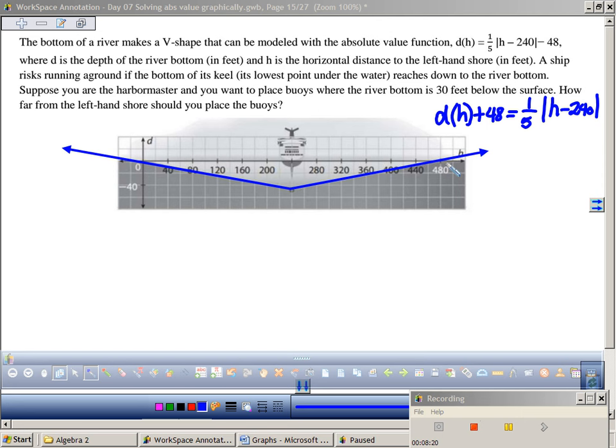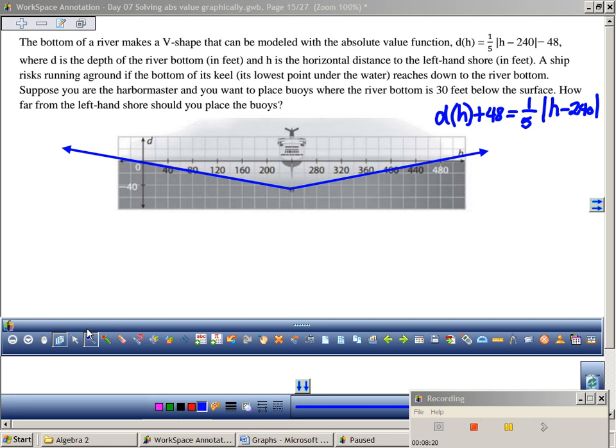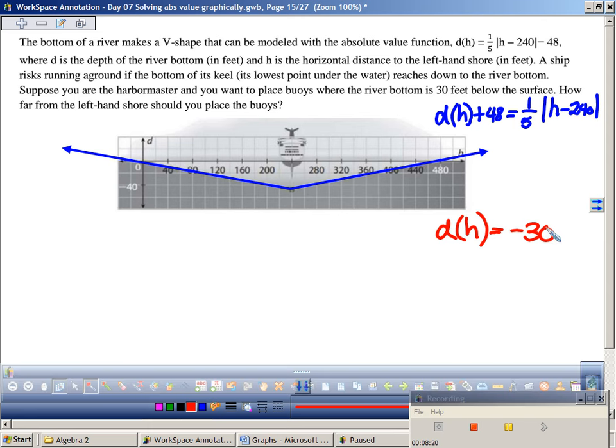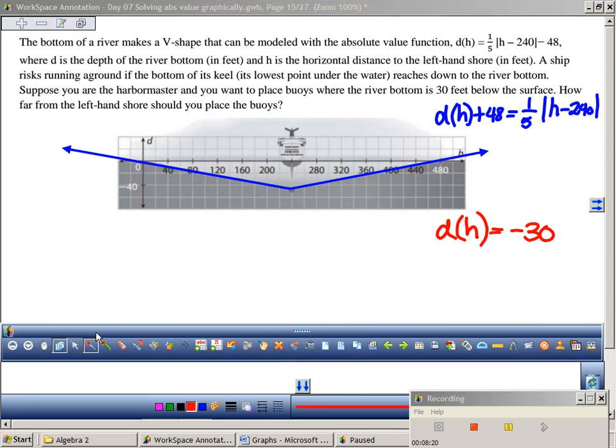So it says that d of h equals -30, right? That's what it said. So at -30, let's see, if this is -40, then -30, this is -20. -30 is probably about right here.